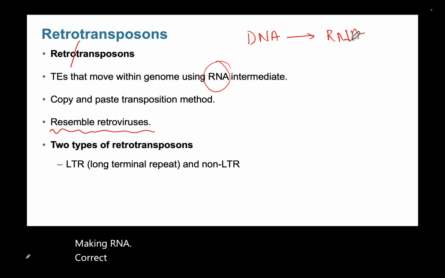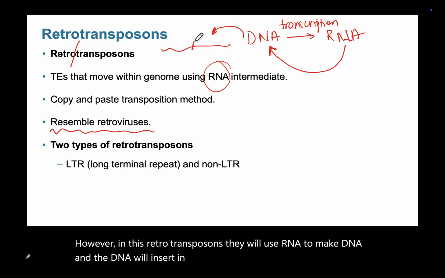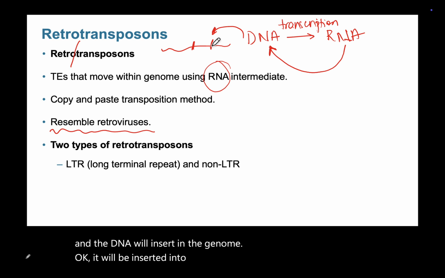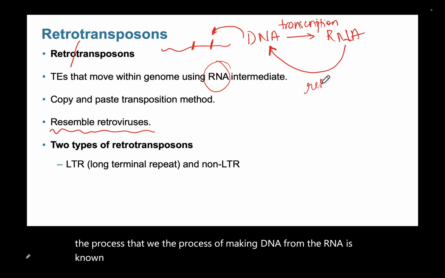And that process is called transcription. However, in these retrotransposons, they will use RNA to make DNA, and the DNA will be inserted into the genome. So here, the process of making DNA from the RNA is known as reverse transcription.